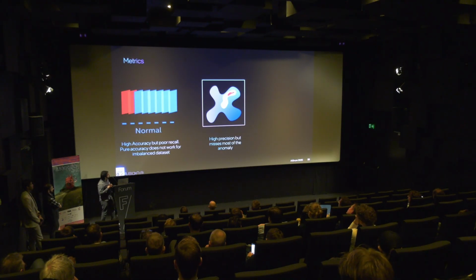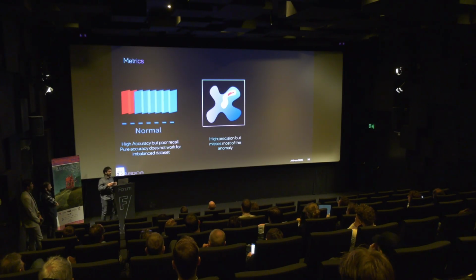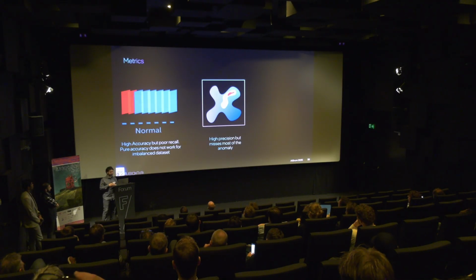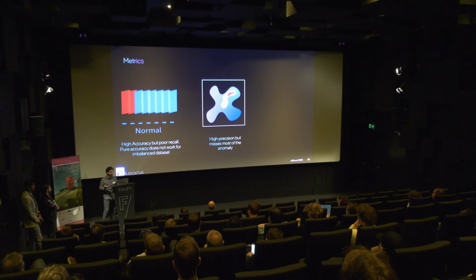So for example, in this one, the green part, I hope it is still looking green, is the anomalous area, the ground truth, let's say. And if your model detects that the red part is what is anomalous, technically it's true. You'll get a very high precision as well, because whatever it detected as anomaly is actually anomaly.